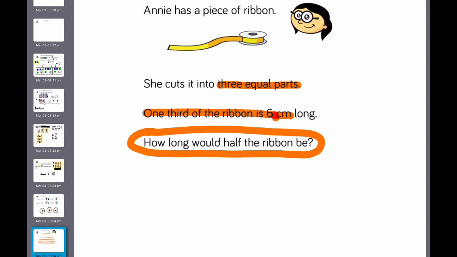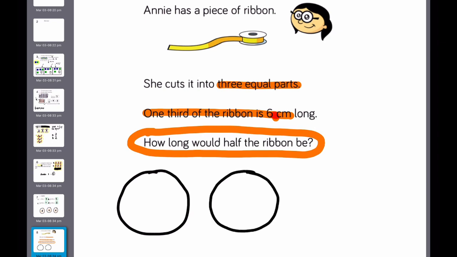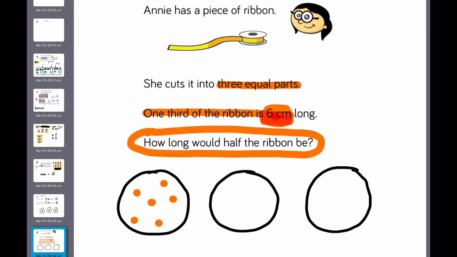We need to find the whole. How do we do that? Let's draw ourselves 3 sorting circles. You might want to draw a bar model or solve it a different way, but I'm just going to use sorting circles today. And we need to put in a third. So we know that in every third there's going to be 6. 1, 2, 3, 4, 5, 6.